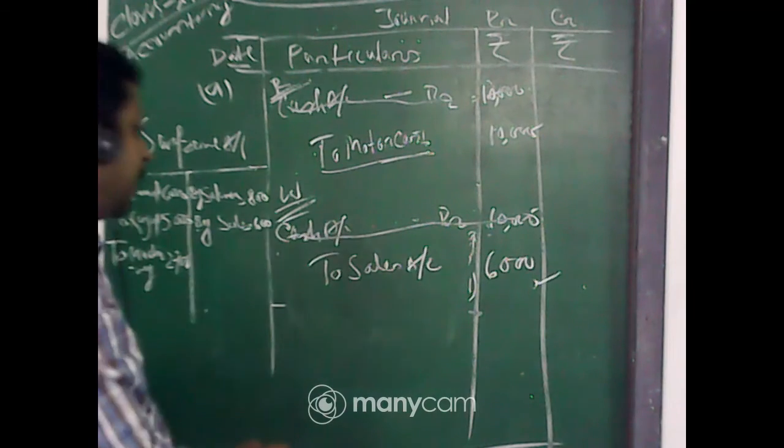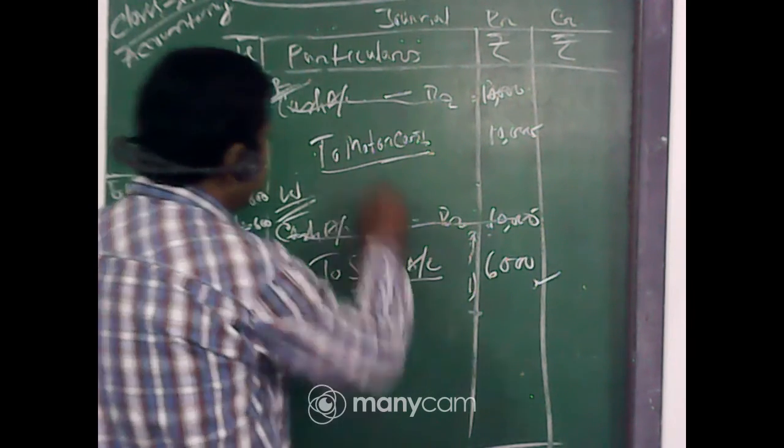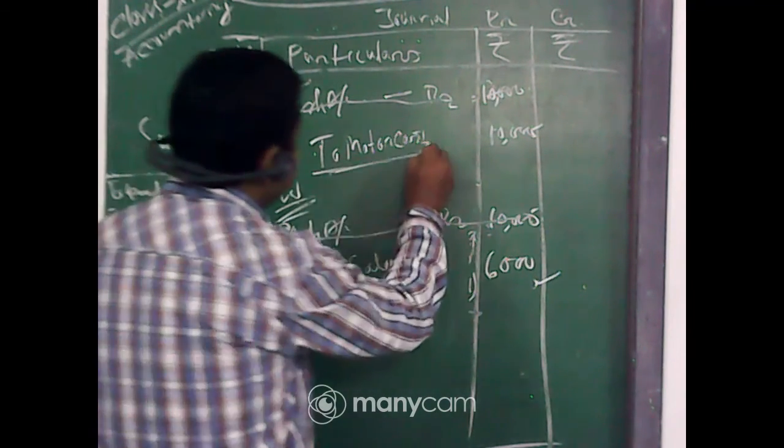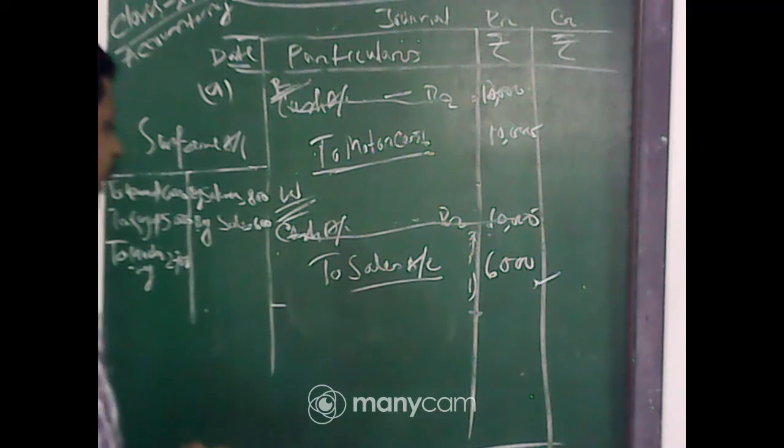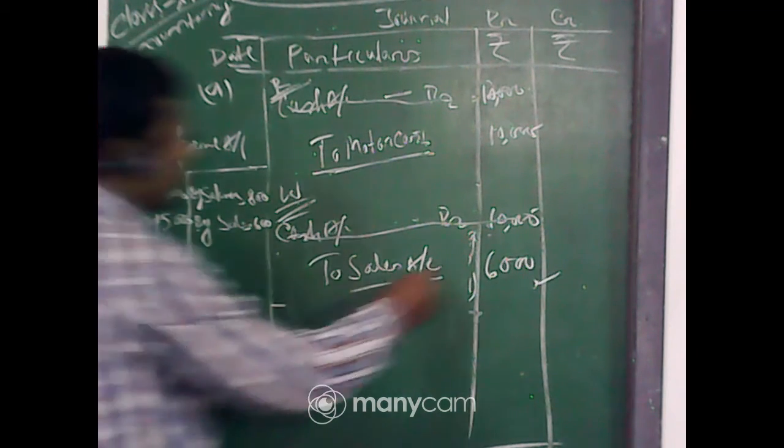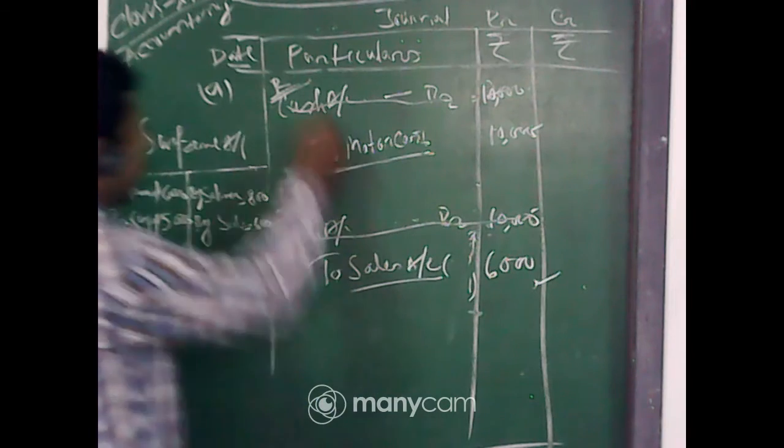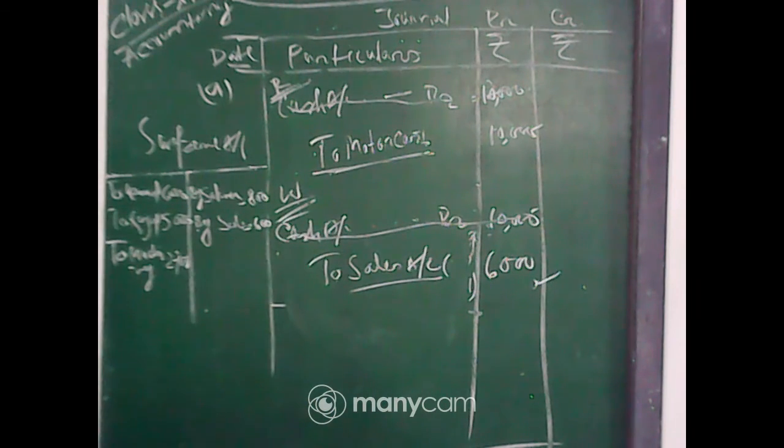Now sales account was credited, but sales should not be credited. In the right entry the motor car will be credited. So the sales account should be reversed, on the debit side in the rectification entry.